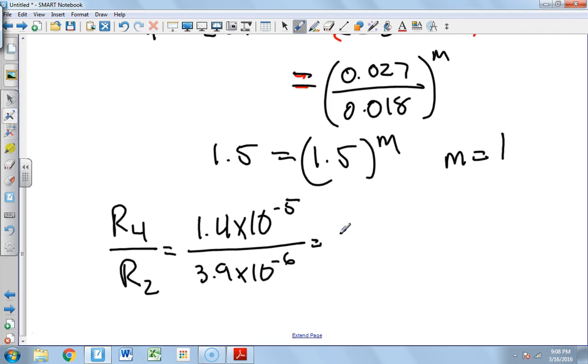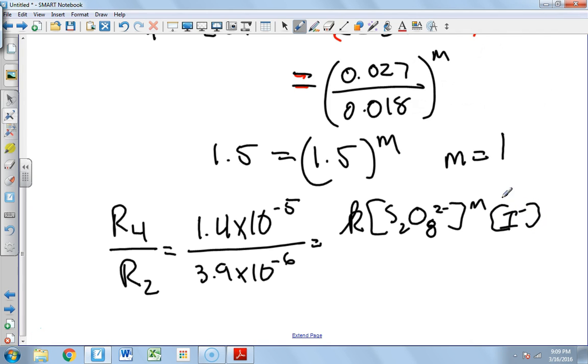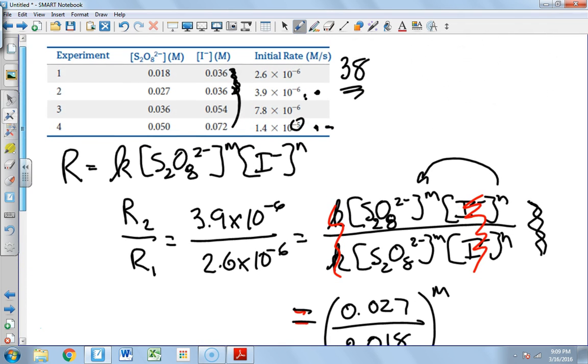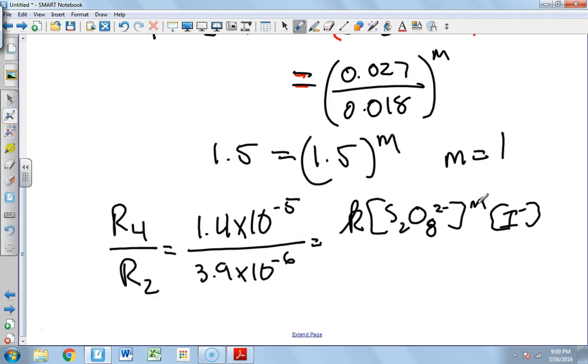And that equals K times the concentration of S2O8 2 minus, raised to some power M, times I minus, but we know what this power is.